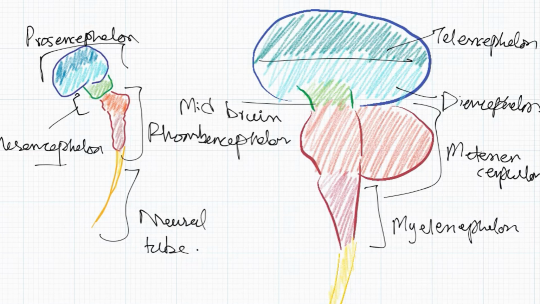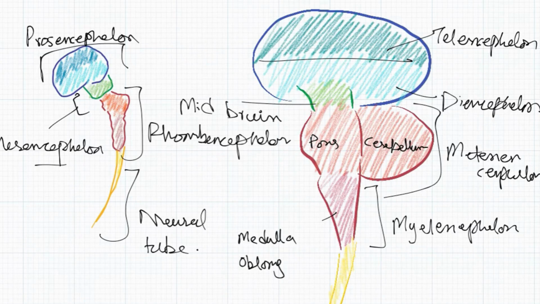Metencephalon will make the pons and cerebellum, and myelencephalon will make the medulla oblongata. Pons, cerebellum, and medulla oblongata together make the hindbrain, and this neural tube will make the spinal cord.